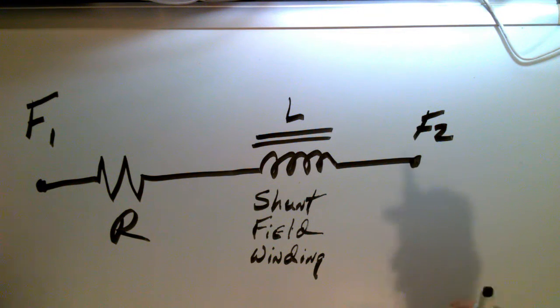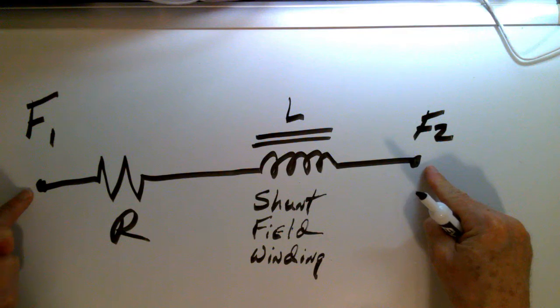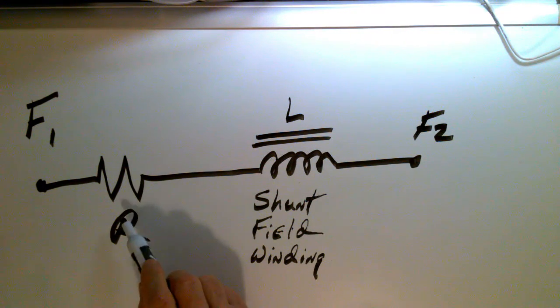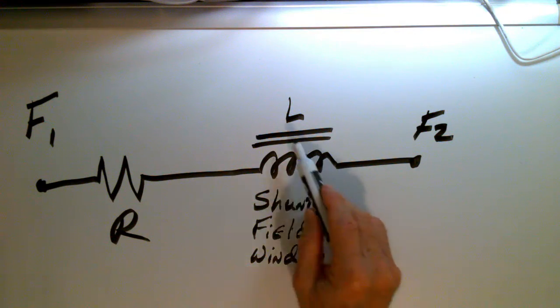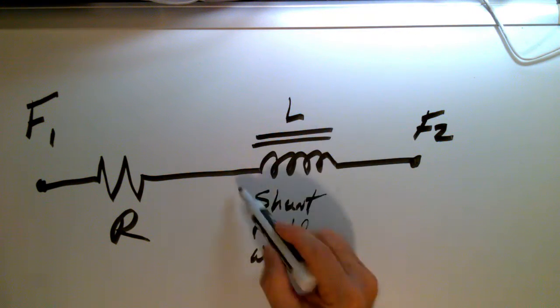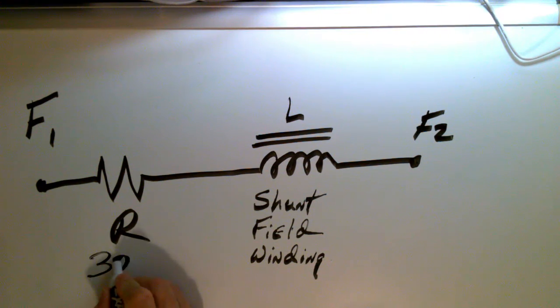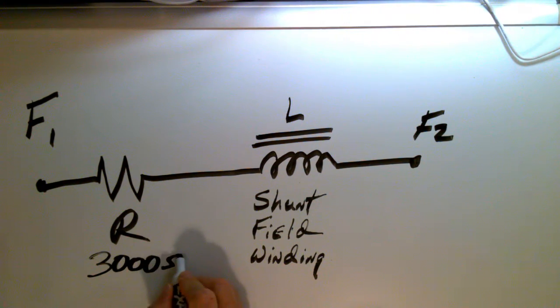If I take an ohm meter and measure it from F1 to F2, I will measure that resistance R. We will see no effect on the ohm meter reading by the inductance of the winding. Typically for the motor that we have in our lab here, this resistance is about, I'll say about 3,000 ohms.